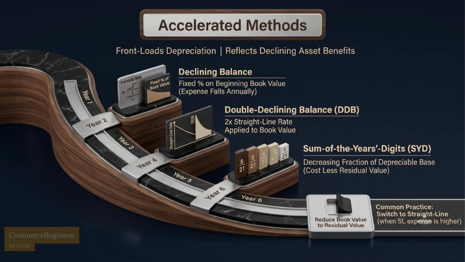For a 6-year asset, that rate is 2 times 1/6 or about 33.3%. Sum of the year's digits uses a decreasing fraction applied to the depreciable base. The memory hook is easy: early benefit, early expense. Just do not use acceleration merely because management wants a smoother earning story in reverse.